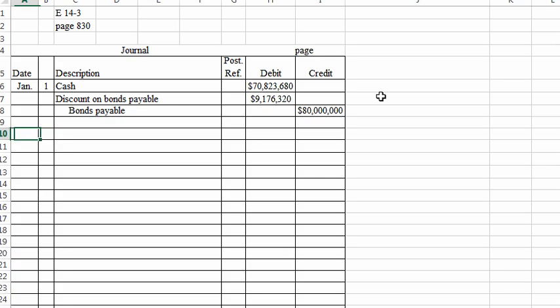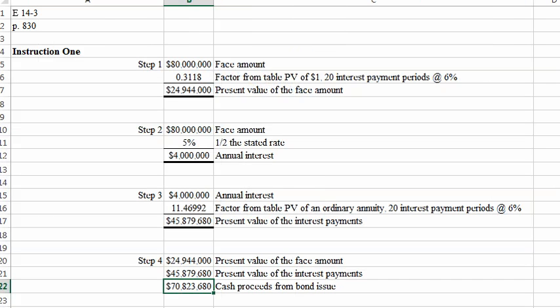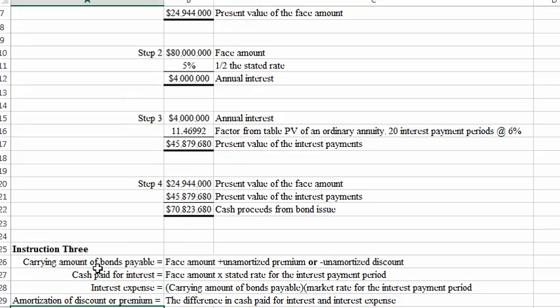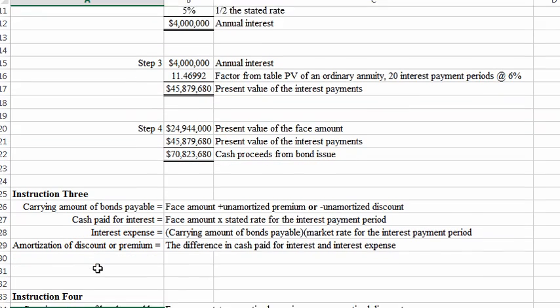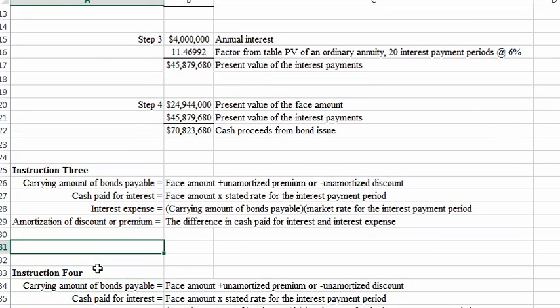Now instruction 3 wants us to make the journal entry for June 30th, 2016. It says prepare the journal entry to record interest on June 30th, 2016 at the effective rate. Now the way we do these calculations, let's go over here and look back to our calculations page and look at our notes I have here for instruction 3.